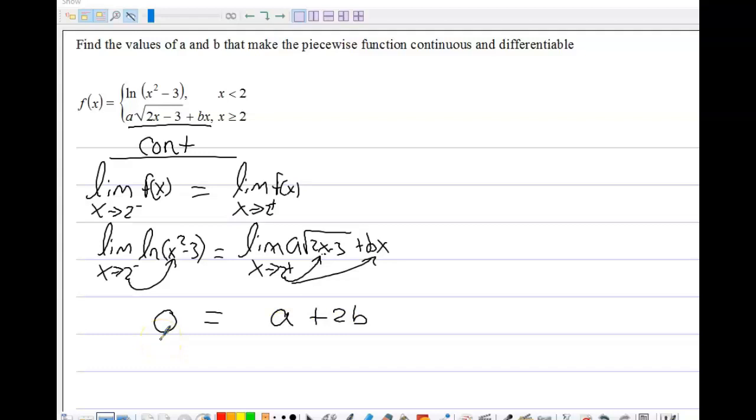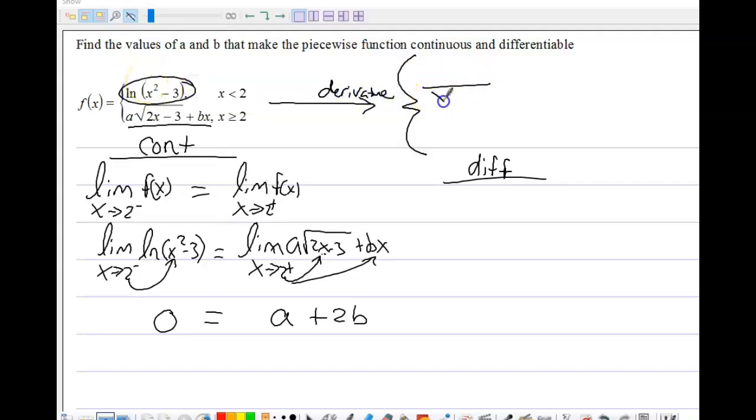Now, we also want to make sure that it's differentiable. So to do that, we need to find our derivative. To take the derivative of ln, you always put the inside on the bottom and the derivative of the inside on the top. To take the derivative of a square root, you put that square root on the bottom, and put the derivative of the inside of the square root on the top, so the derivative of the inside there is 2.